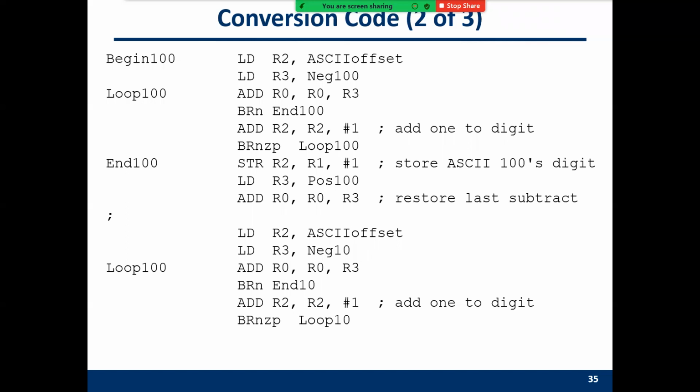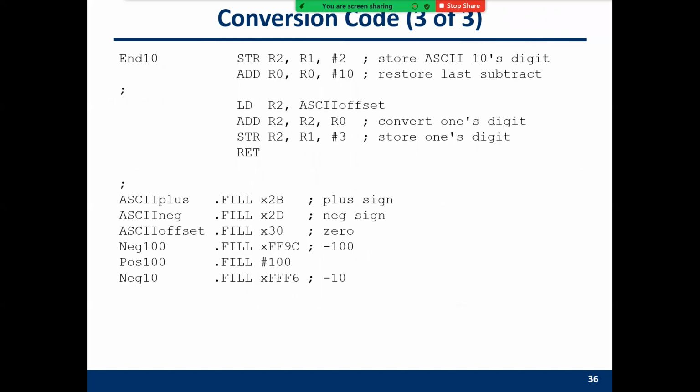We basically use this loop to compute the division. So there's no lookup table at all. And in this way, we can implement the conversion from the binary to the ASCII.